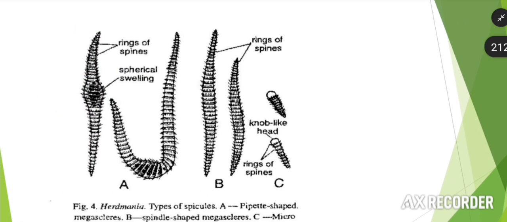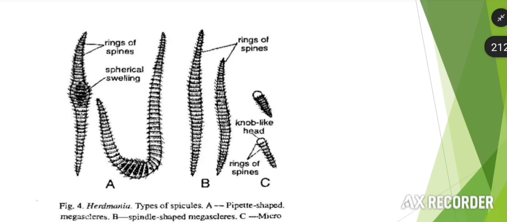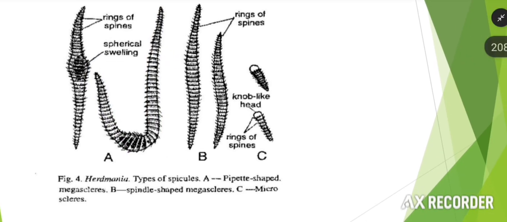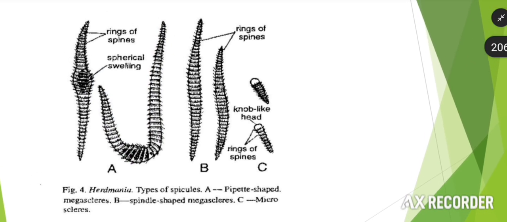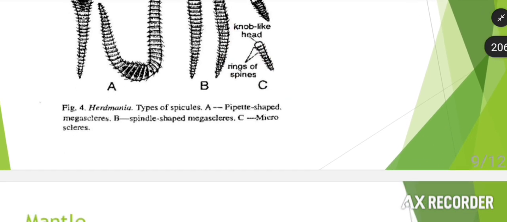Okay, so this one is types of spicules. ये हो गया एक pipette shaped spicule है, and this one is spindle shaped, which is pointed towards both these ends. They are pointed, and this one is microsclere. Okay, C is the microsclere, which have a knob-like head and a tapering body. So this was the diagram of types of spicules present.